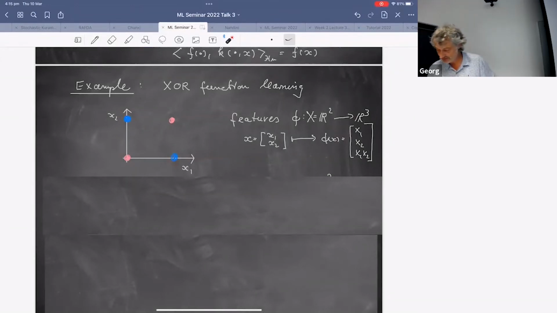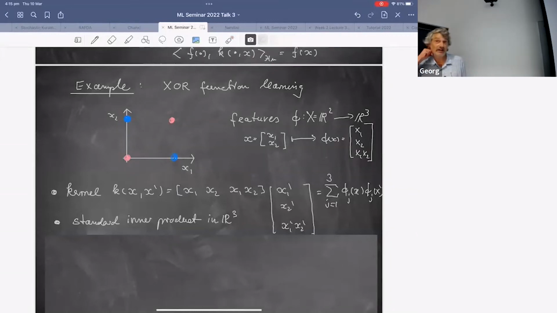And we know that if we introduce these features phi here, where we blow it up into R3 by some kind of nonlinearity, then we would be able to linearly separate those points. Okay. So now let's define a kernel Hilbert space here.